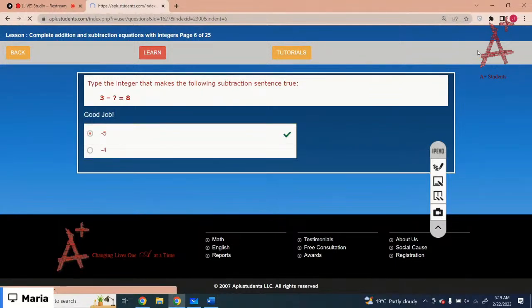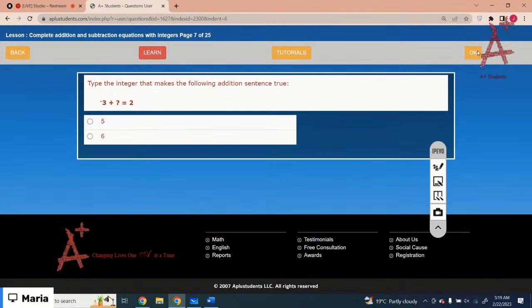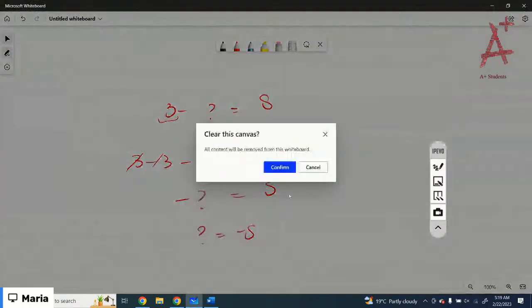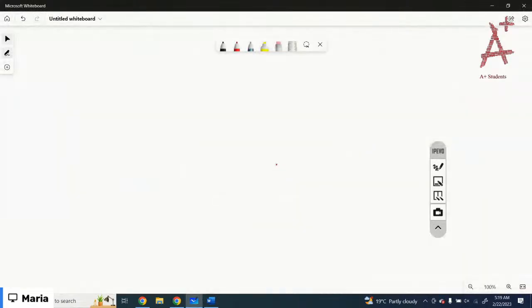Okay, the next one is negative 3 plus missing number equals 2. So here you have negative 3. You can add 3 to both sides, got it? 3 minus 3 is 0.